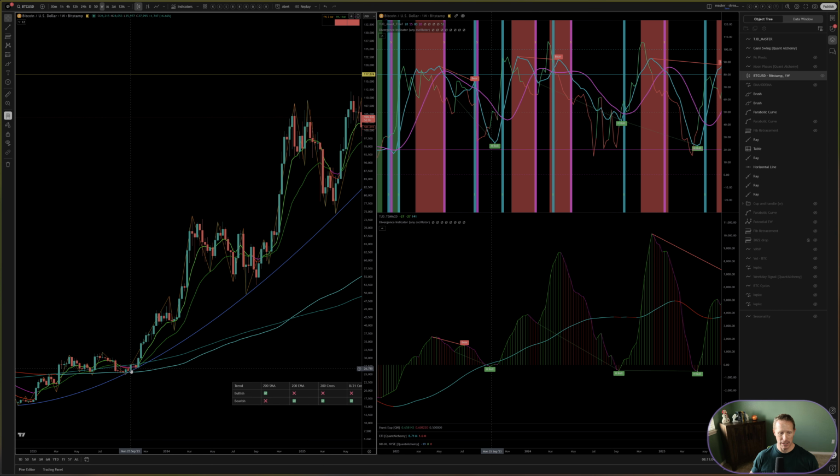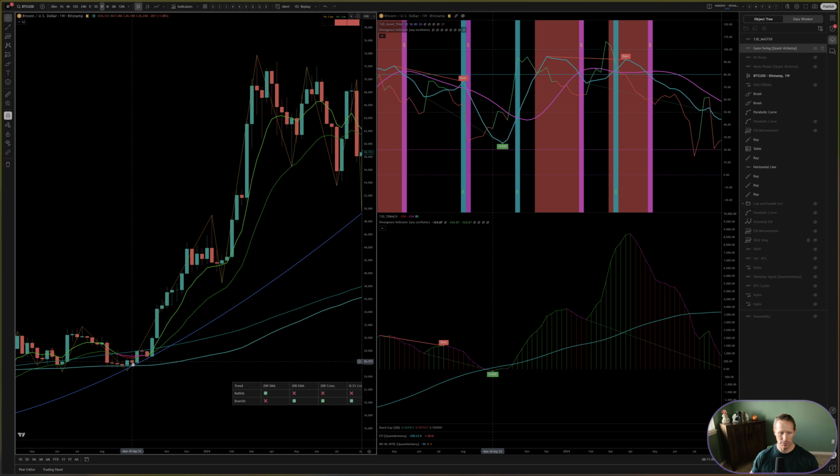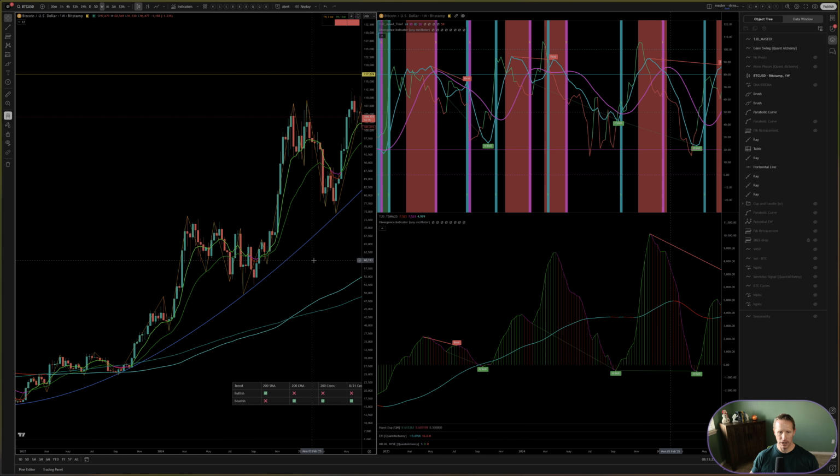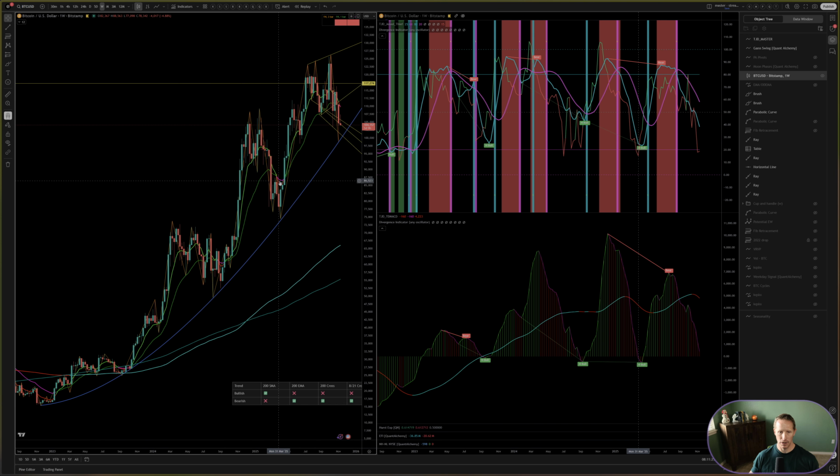At that point in time, each one of these signals, when the 8 crossed below the 21, is when we would be looking for buy opportunities. So this would have been a good buy opportunity sometime around here. The next one, a buy opportunity around here, and all of these, consequently, are also happening with touches of these parabolic trends.